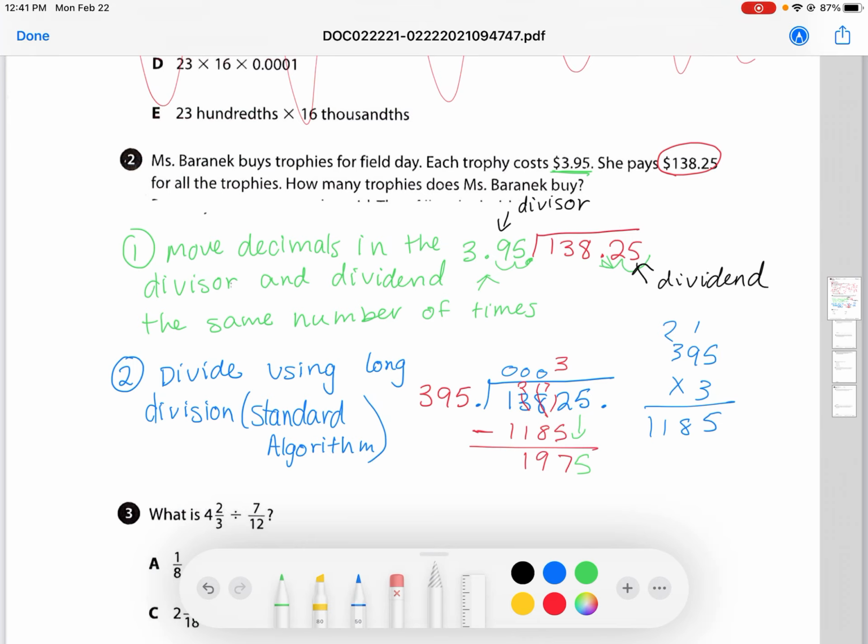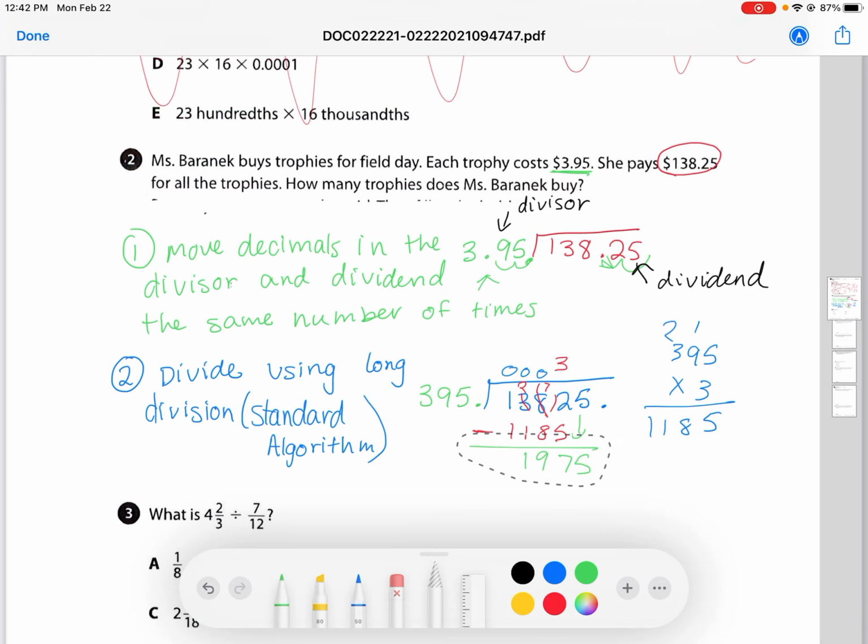And now we're trying to see how many times does 395 fit inside of 1,975. Okay, so now I'm going to turn it into a 4 again, and I'm going to count by 4s.